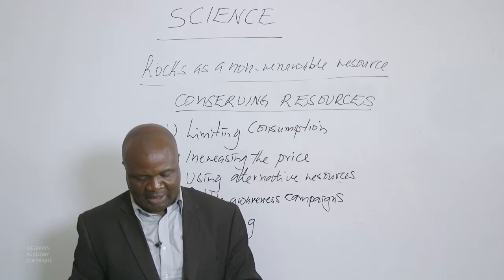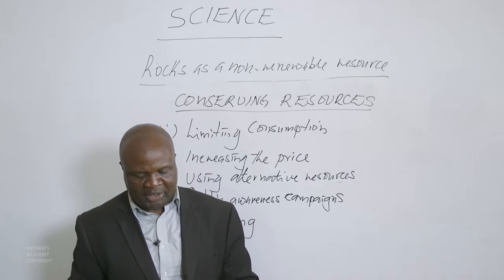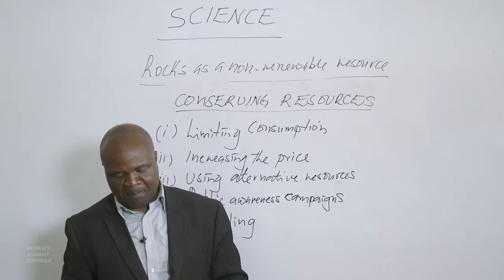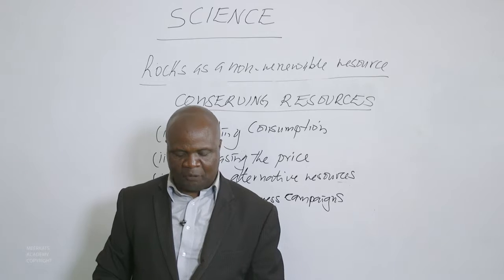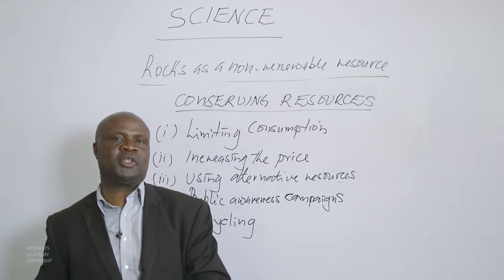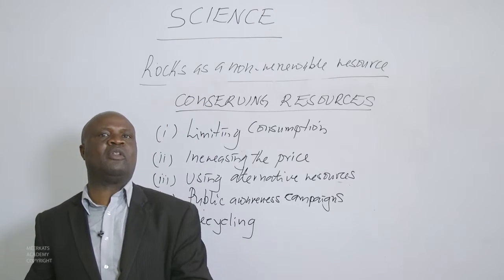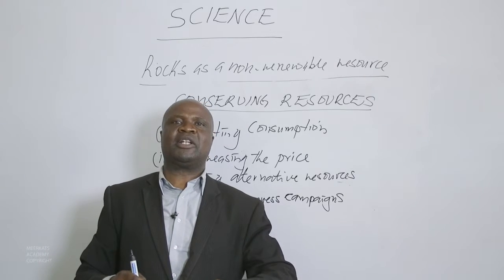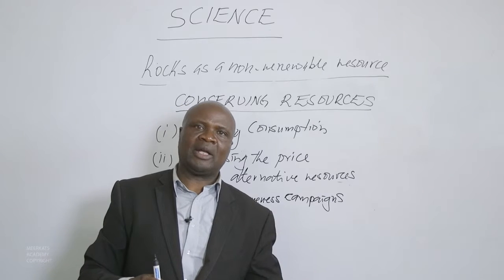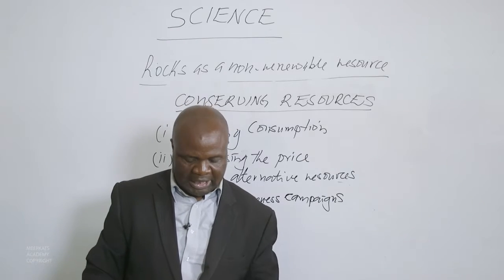So we are saying recycling materials such as iron, copper, paper, wood, clay, bricks, and so forth saves resources, because if you don't recycle them, you will go back and mine, and that will mean more extraction, more mining, and that particular resource will get depleted.